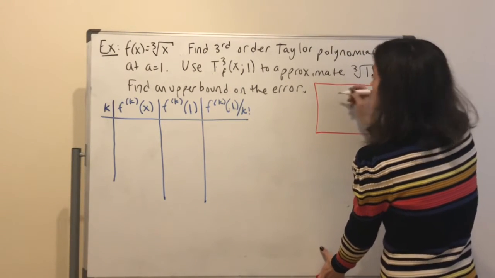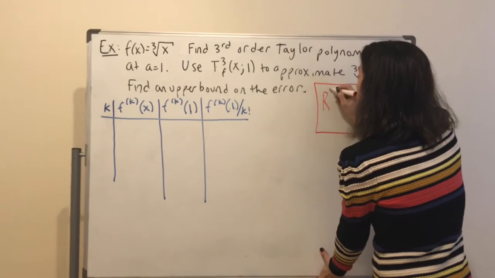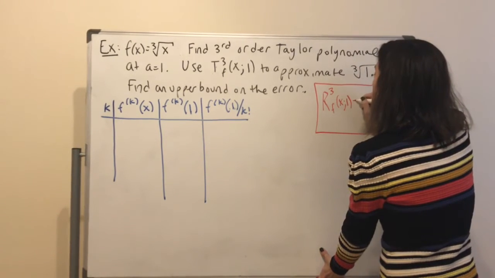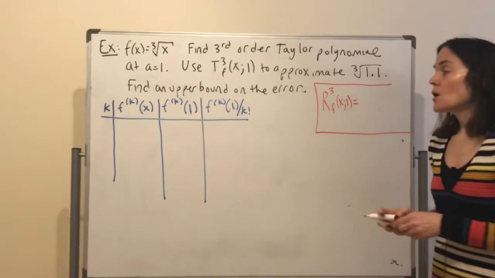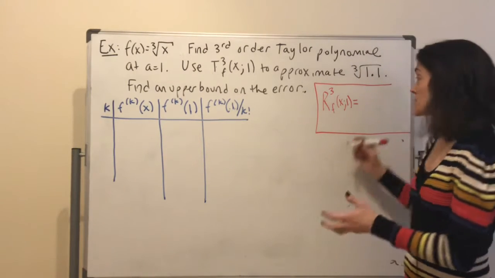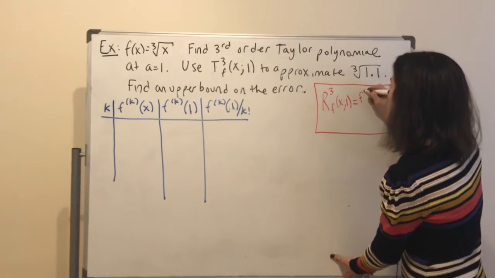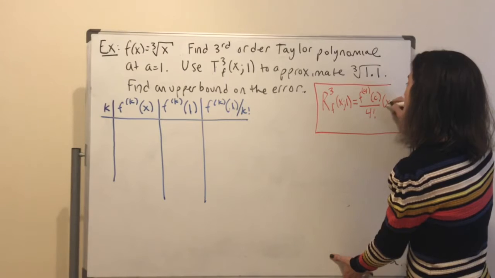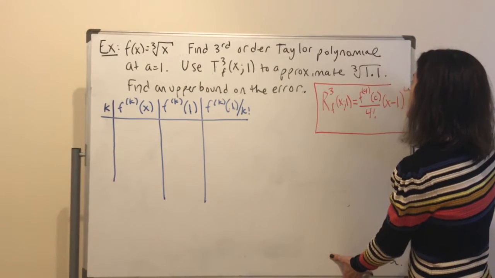In this case, R3 of f at x, centered at 1, will be equal to, well, it looks like the very next term, which will be the fourth derivative at some c over 4 factorial times x minus 1 to the 4.